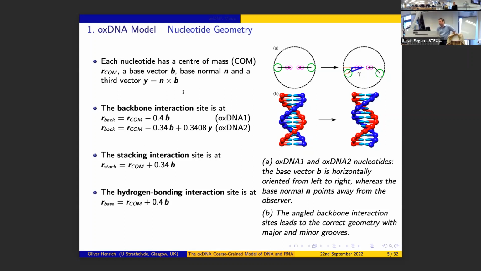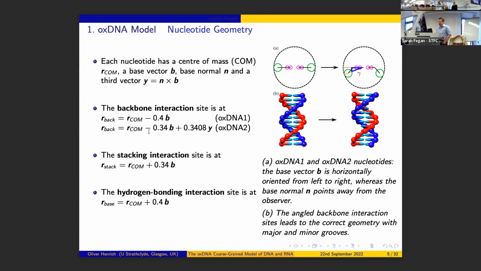And then you've got the orthogonal third vector, which I describe here as y. So if you have a center of mass of this rigid body, the backbone interaction site is just 0.4 length units away from the center of mass in the minus direction of the base vector.